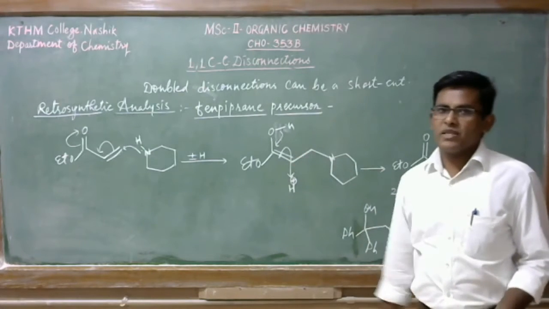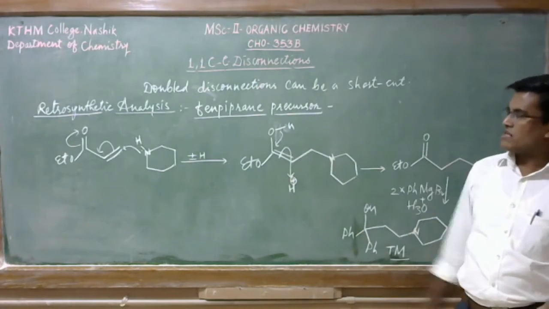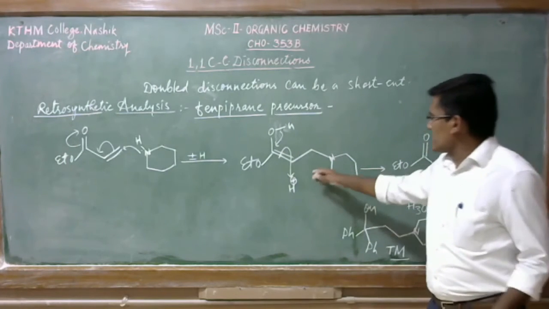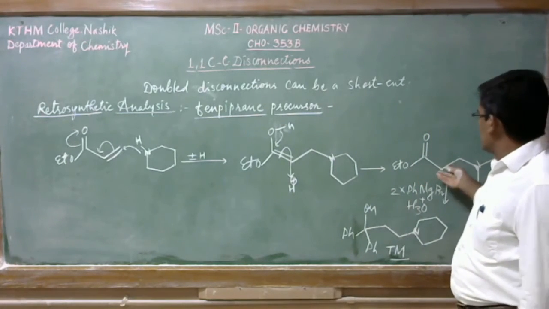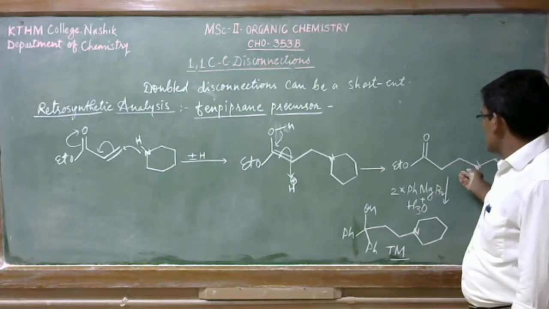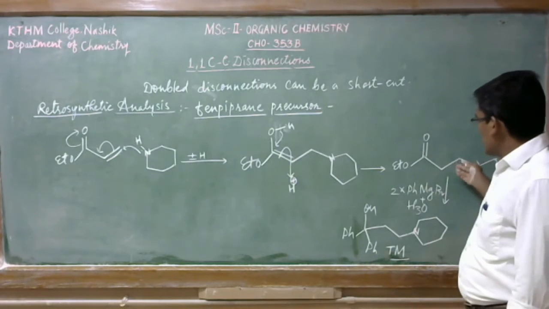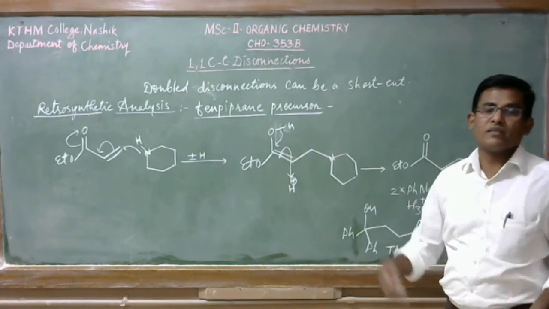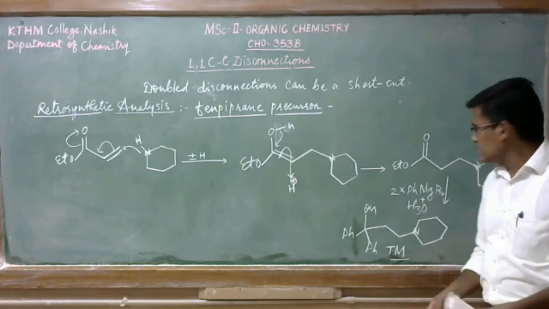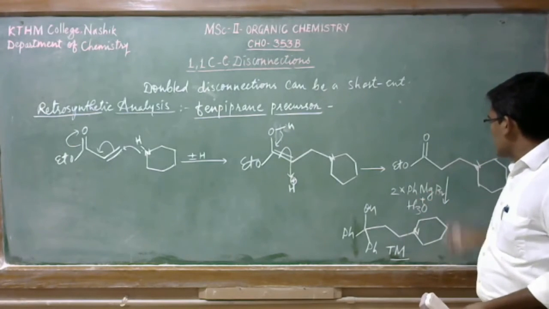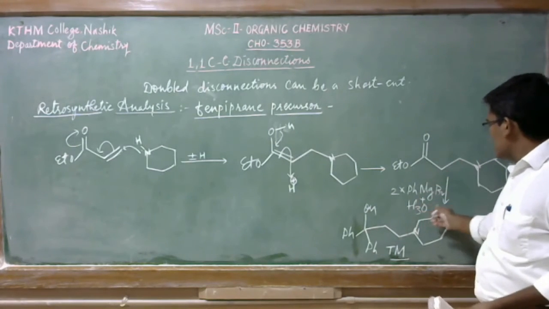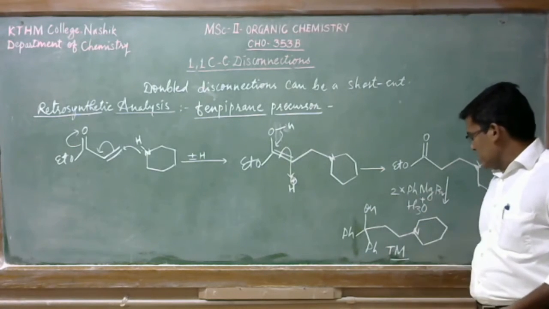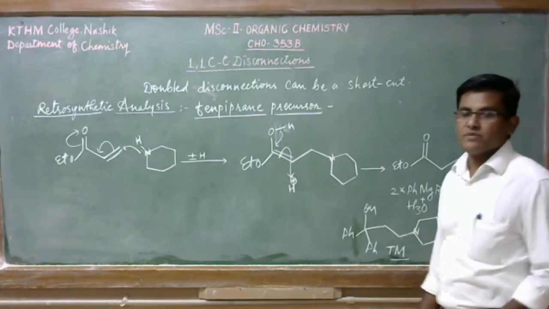So the treatment of this secondary amine with the alpha beta unsaturated compound gives this intermediate, then finally this compound, and then the treatment of this ester with 2 moles of Grignard reagent, phenyl magnesium bromide, after acid hydrolysis gave this tertiary alcohol. This is our target molecule.